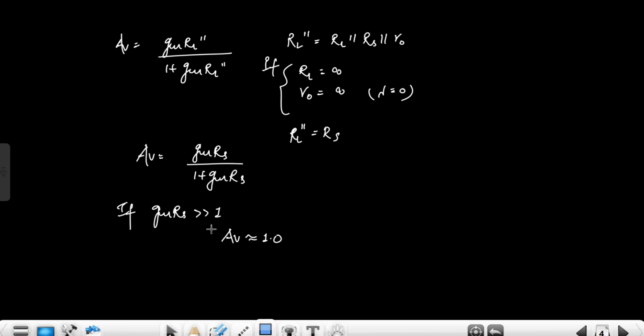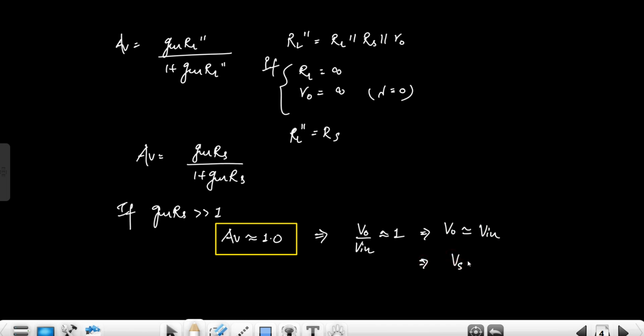So that's why the common drain MOSFET amplifier is the voltage buffer circuit, or the voltage follower circuit, we can say. And this means that V naught upon VIN is almost equal to 1, right? So V naught is almost equal to VIN, and because the output is taken from the source terminal, we can write VS is almost equal to VIN.